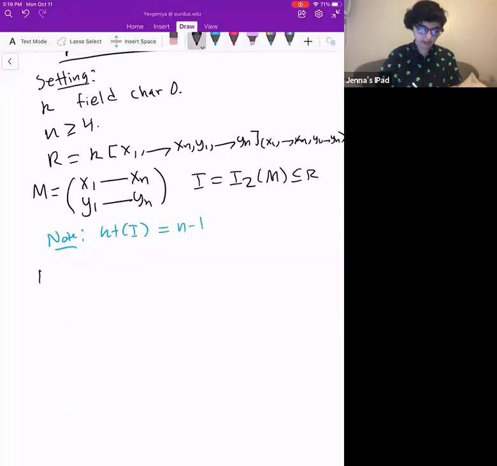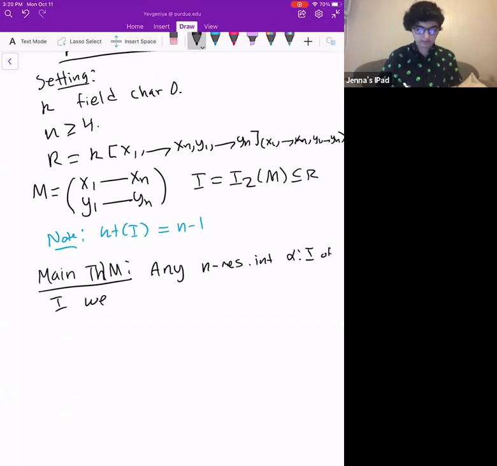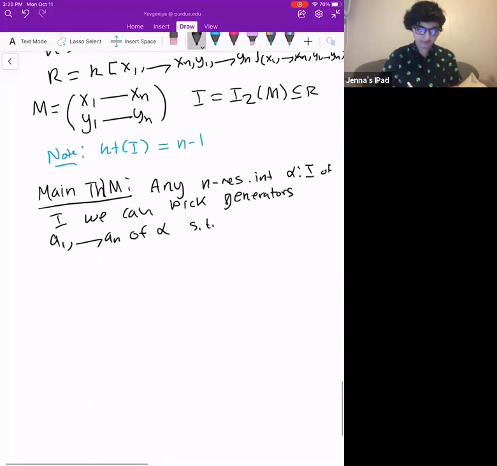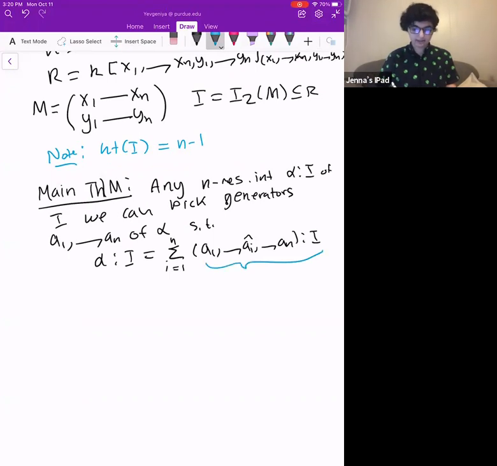Then we have our main theorem for this talk. For any n residual intersection of I, and let's call it alpha colon I, we can pick generators A1 through An of alpha such that alpha colon I is equal to the sum from i equals 1 through n of (A1 skipping Ai through An) colon I. Now we should note that these are links.